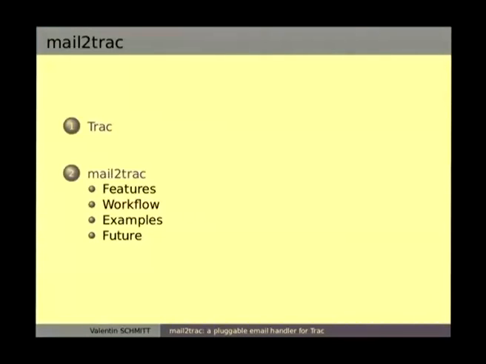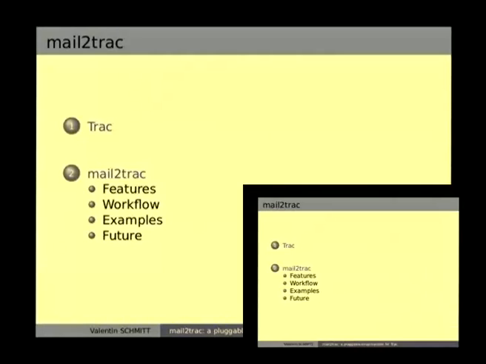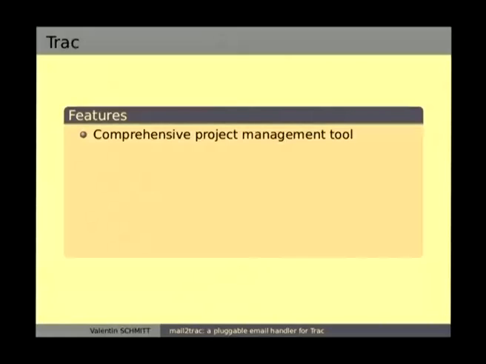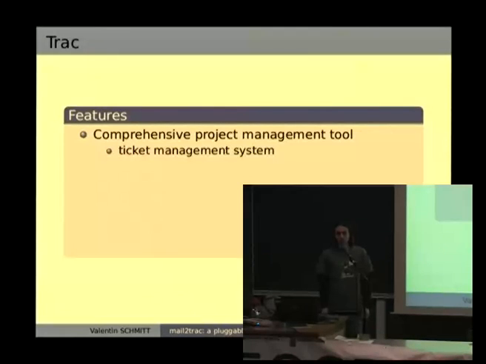Okay. I'll start with a quick presentation of Trac, which is a project management tool, and then I'll talk to you about the plugin. Trac is a comprehensive project management tool, which has a ticket management system, which is quite convenient.